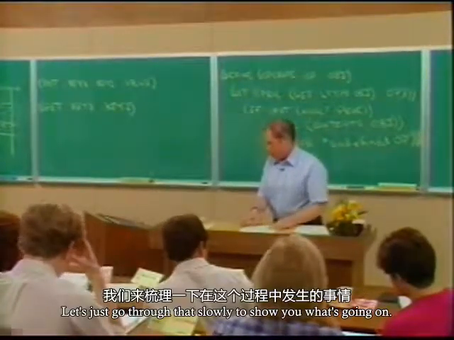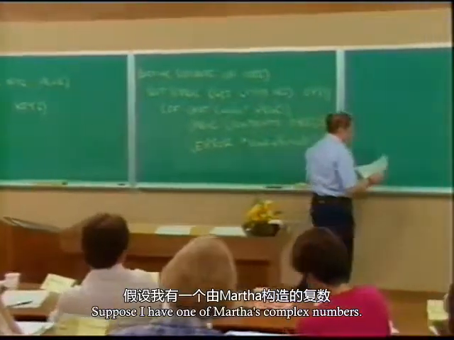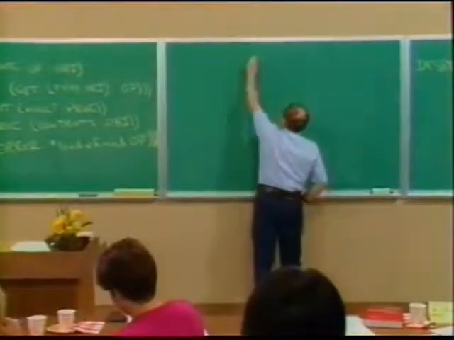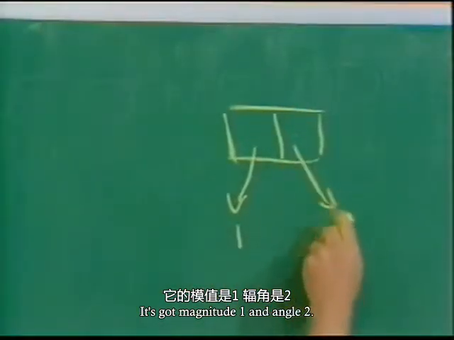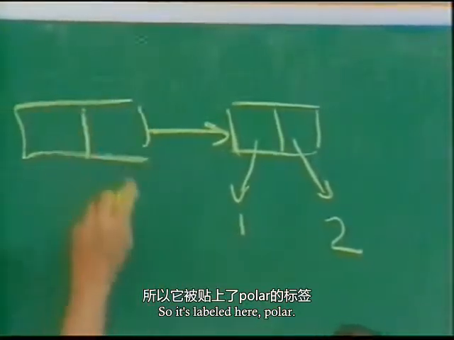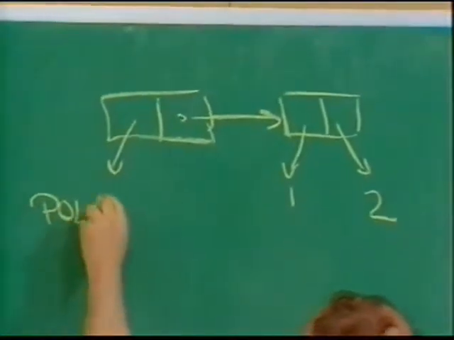Let's just go through that slowly to show you what's going on. Suppose I have one of Martha's complex numbers. It's got magnitude 1 and angle 2, and it's one of Martha's, so it's labeled here polar.